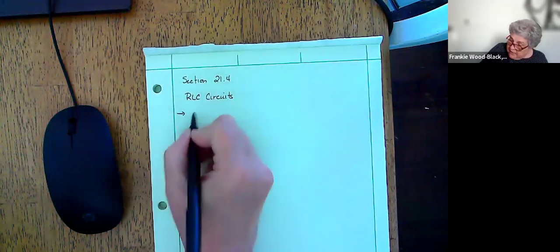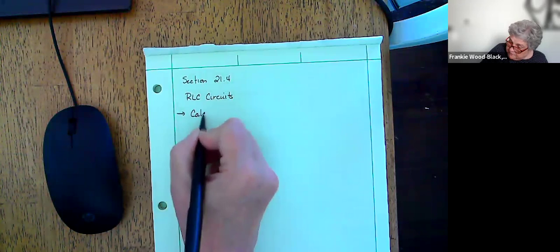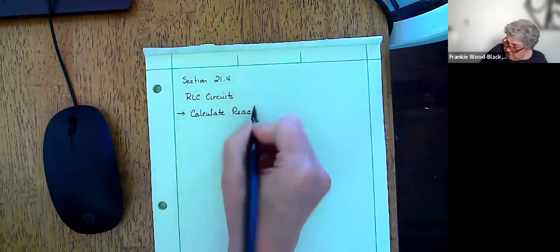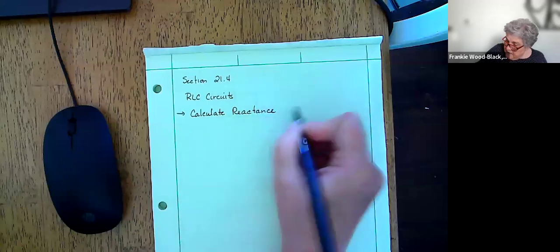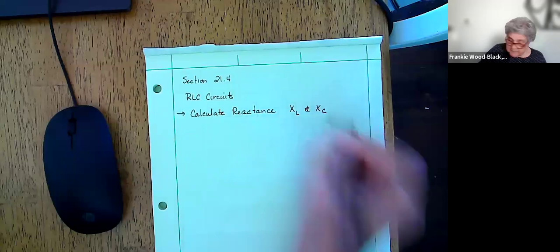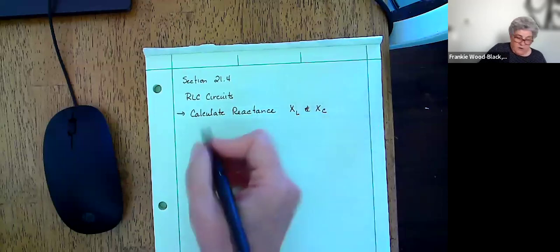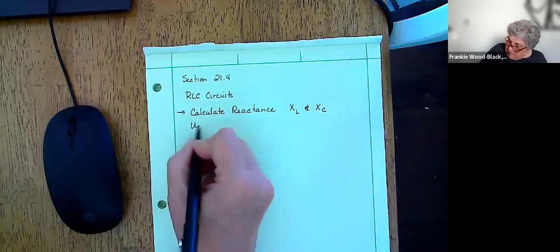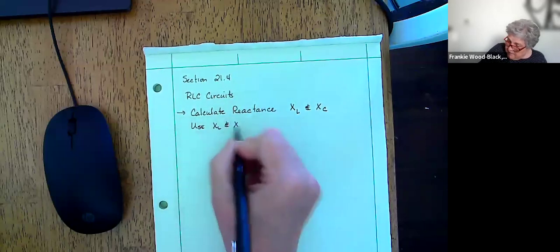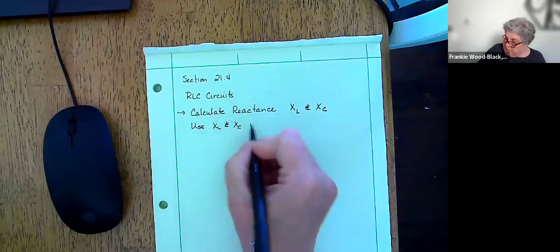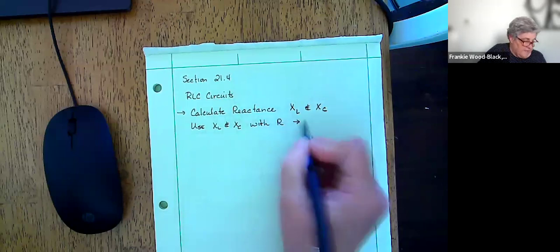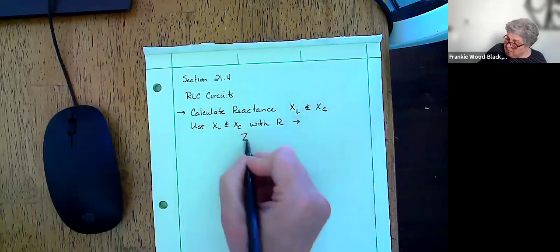You're going to calculate the reactance. And that's going to be your XL and your XC. You're going to use XL and XC with resistance. And that's going to calculate your impedance Z.